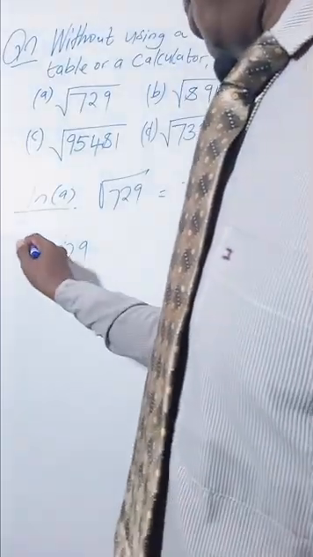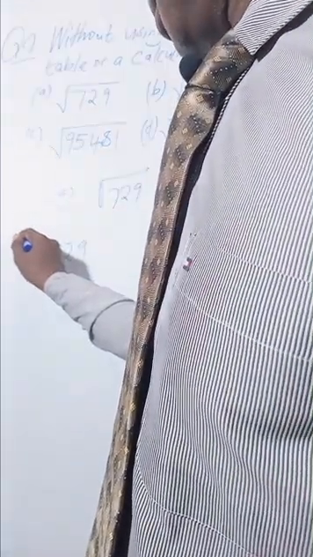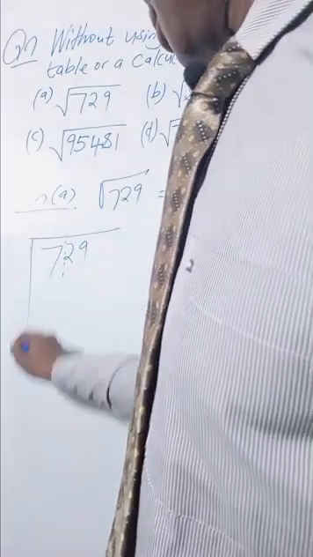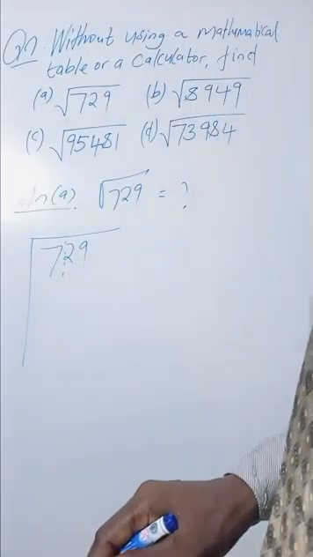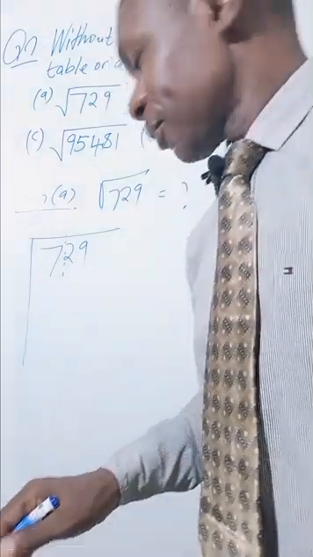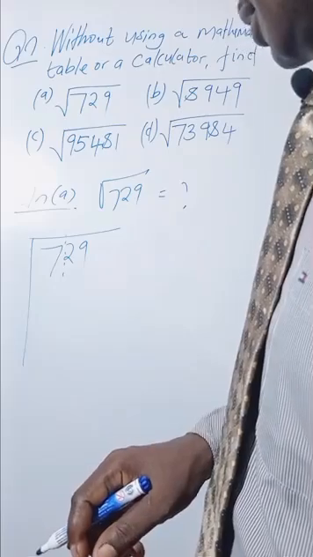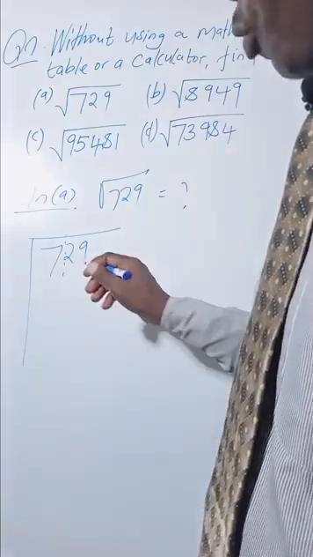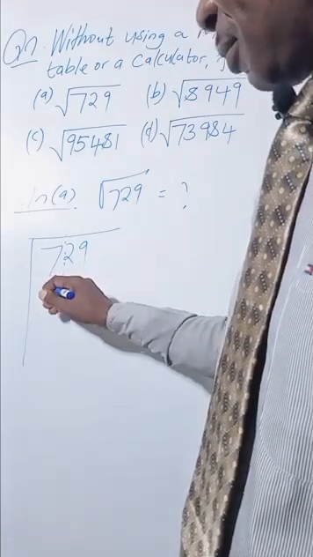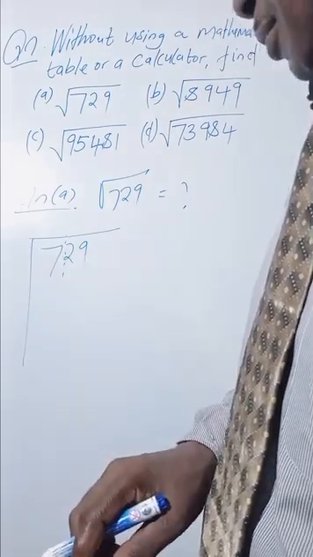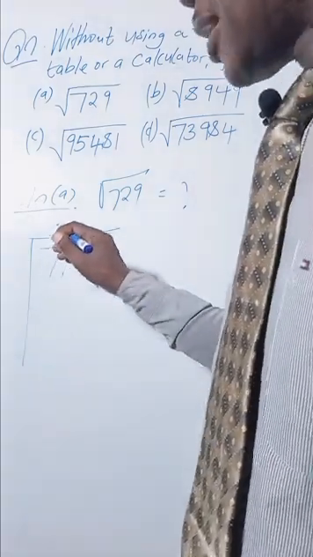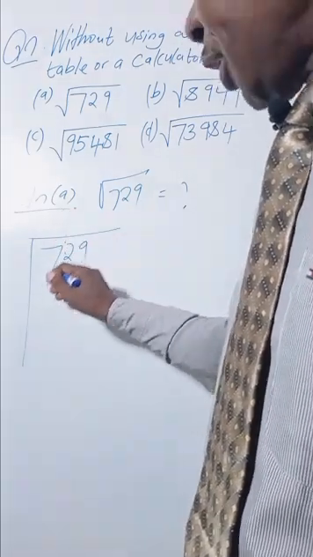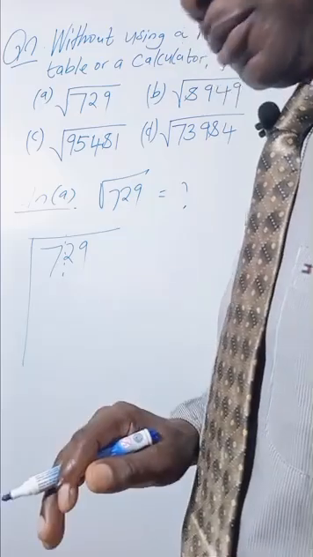Then we use the normal division sign. I will use this kind of division sign. Then we ask ourselves, starting with the first digit from the left now, which number whose square is less than or equal to 7?